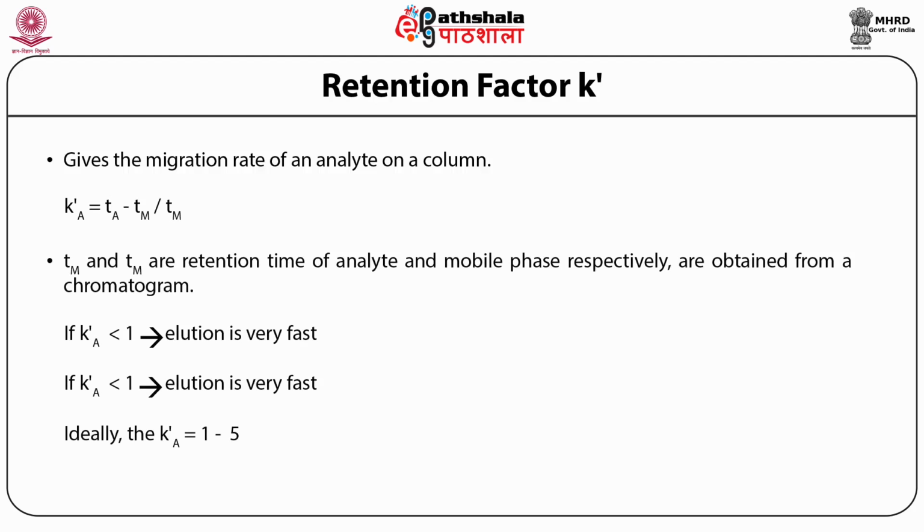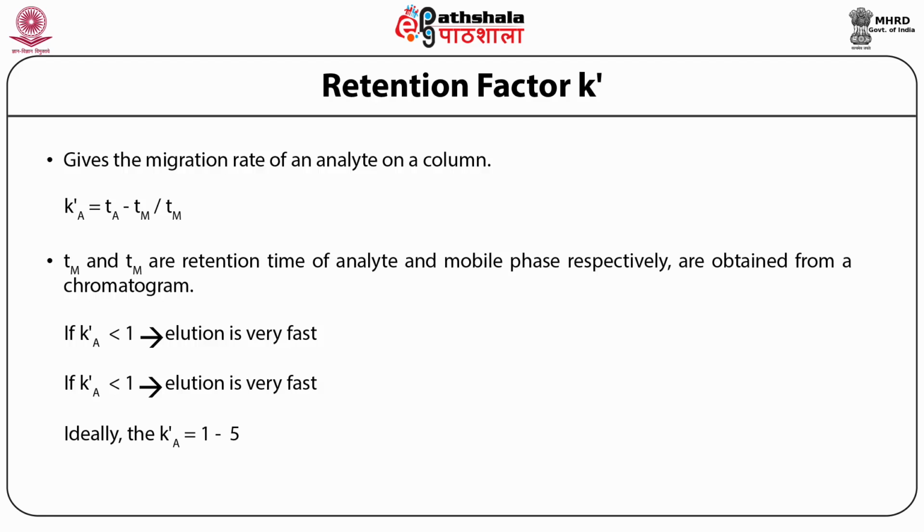If the retention factor of an analyte is less than 1, the elution is said to be very fast and accurate determination of its retention time is very difficult. Analytes having high retention factors, more than about 20, take too long to elute out from the column.